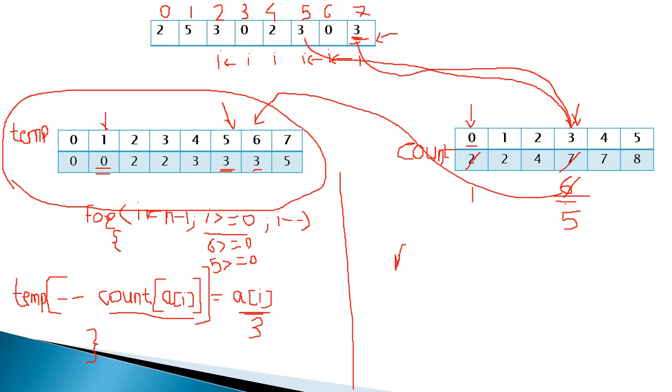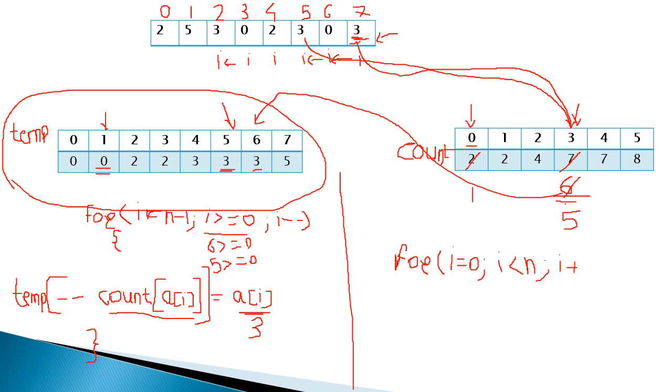For I is equal to 0, I is less than n, the terminating condition should be n, and then I plus plus.